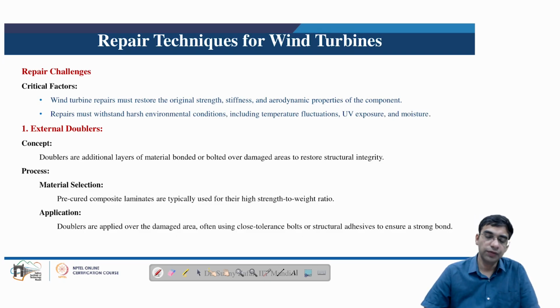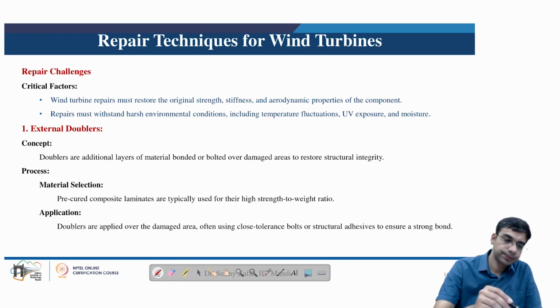The process of installing external doublers involves material selection, where pre-cured composite laminates are typically used for their high strength to weight ratio. The doublers are applied over the damaged area and are often used with close tolerance bolts or structural adhesives to ensure a strong bond.